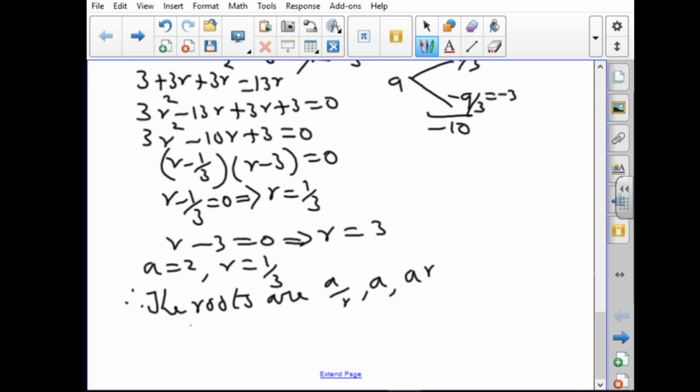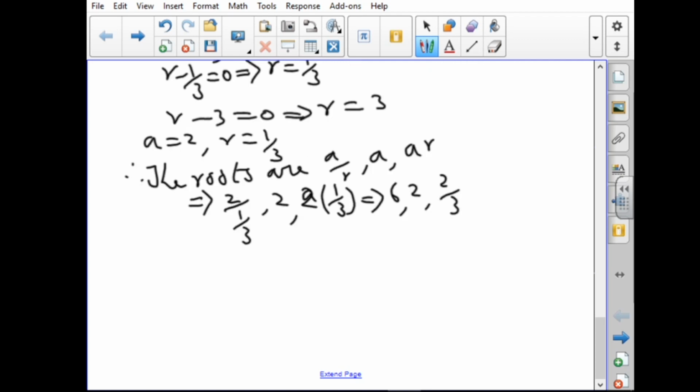Substitute here. What do you get? 2 by 1 by 3, 2, and 2 into 1 by 3, which gives us 6, 2, 2 by 3. Similarly, if you take a is equal to 2 and r is equal to 3, we get the same: 2 by 3, 2, 6. Therefore these are the roots.